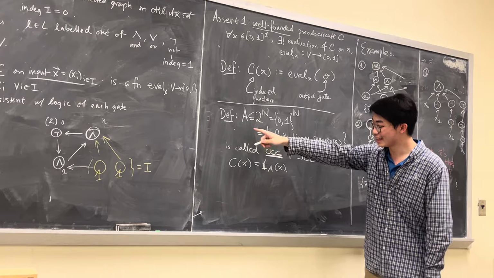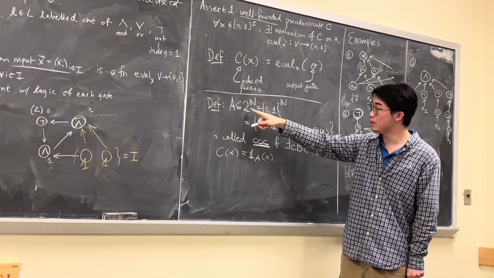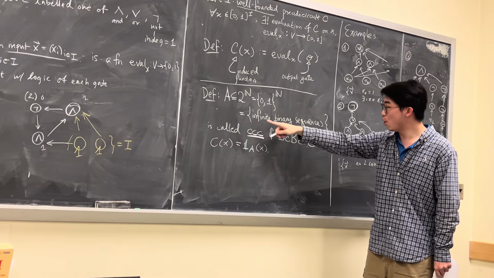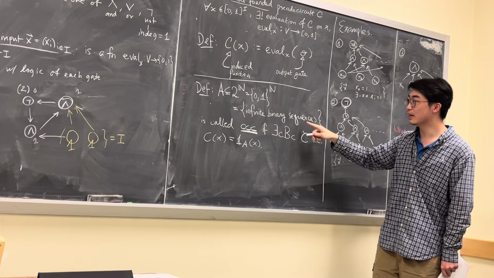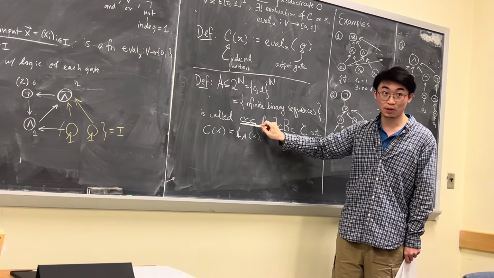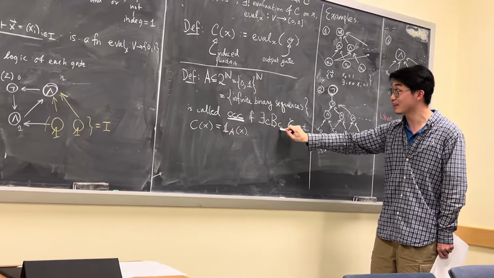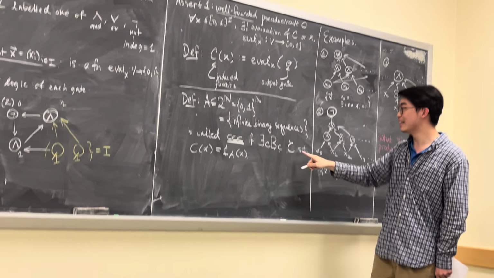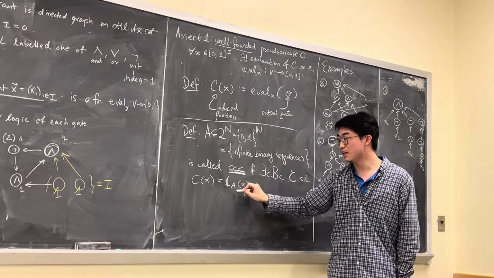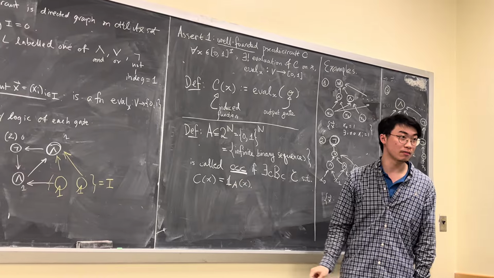Okay. The whole point of that was this. I'll define a subset A of 2 to the N, which is all the infinite binary sequences, to be called countable circuit computable, CCC, if there exists a countable Boolean circuit, a well-founded pseudocircuit, such that it computes the indicator function of A. Okay.